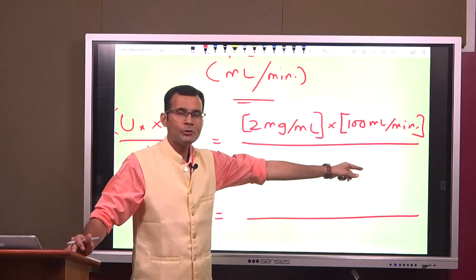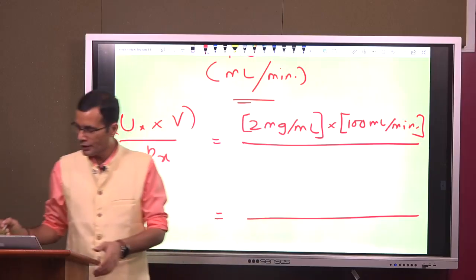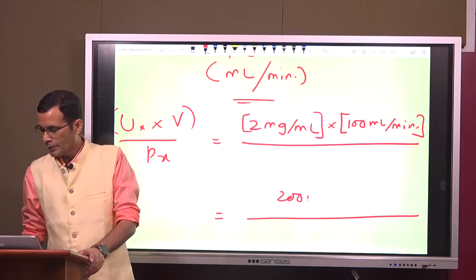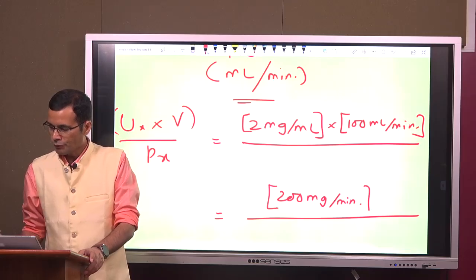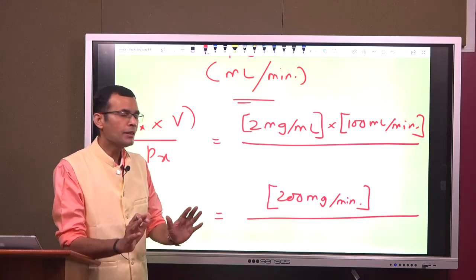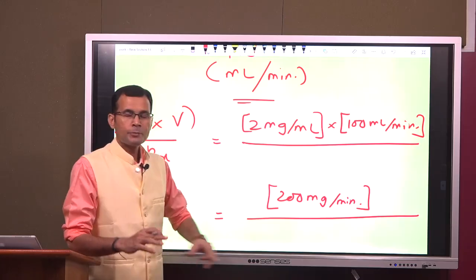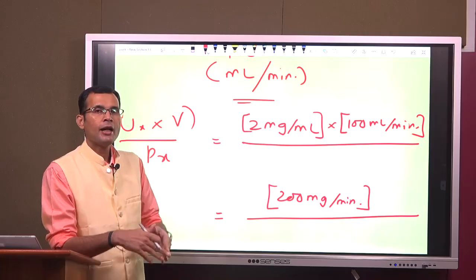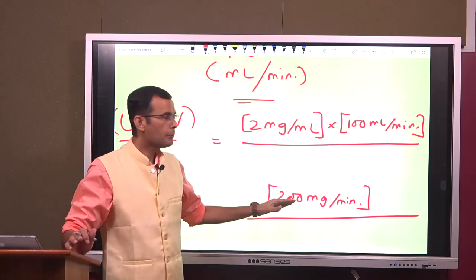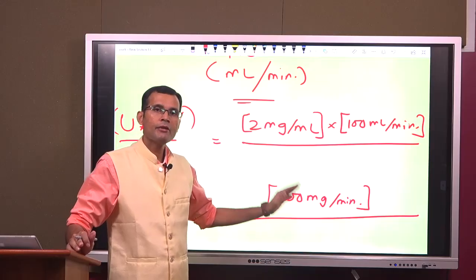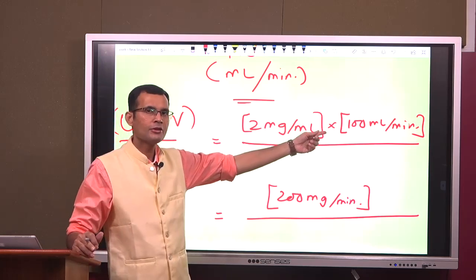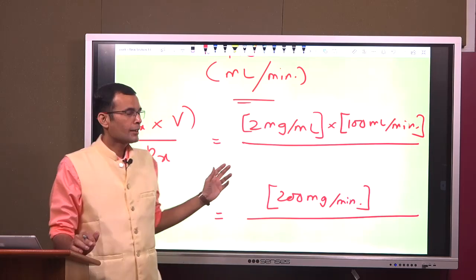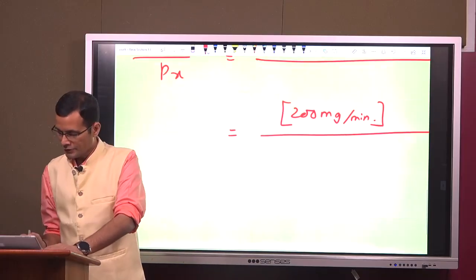So in 100 ml urine, how much? 200 milligrams per minute. That would be the numerator, isn't it? That means the substance will be excreted at the rate of 200 milligrams every minute, right? Now that's clear.